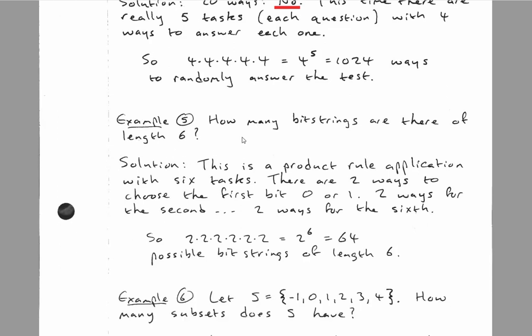Next example, counting bit strings. How many bit strings are there of length 6? Okay, so remember our bit strings, they're just zeros and ones. So a bit string of length 6 might look like this.